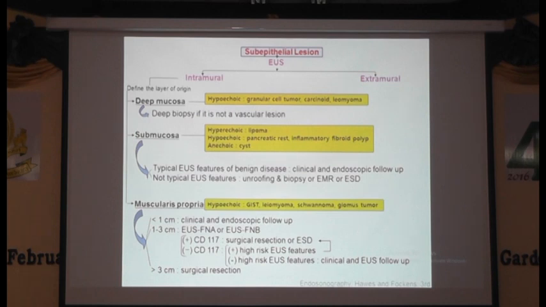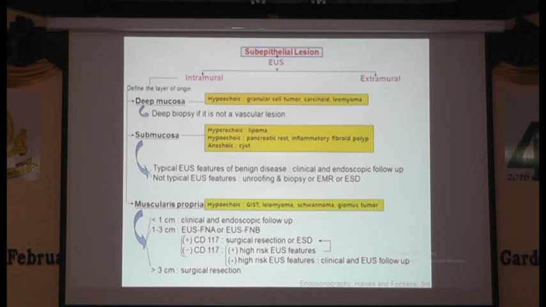If the lesion is from the muscularis propria, it might be a cyst, leiomyoma, schwannoma, or glomus tumor. If the lesion is less than 1 cm, we can follow up clinically and endoscopically. If the lesion is between 1 and 3 cm, we can perform EUS-FNA or EUS-FNB, and if it is CD117 positive, we are going to remove it surgically or via ESD because it is a GIST.